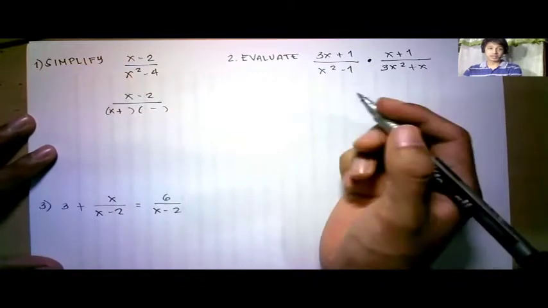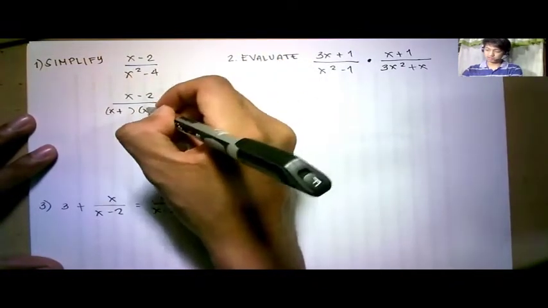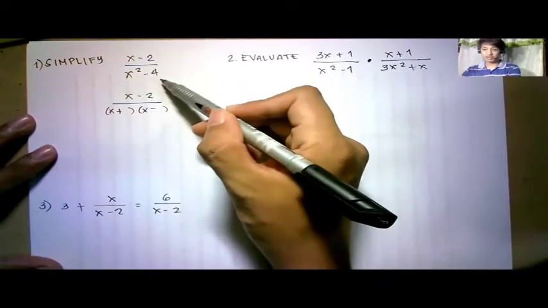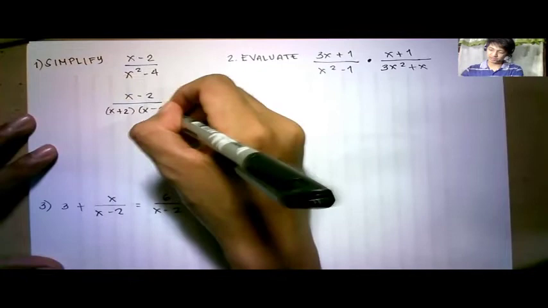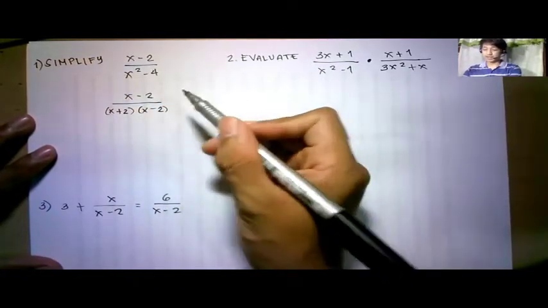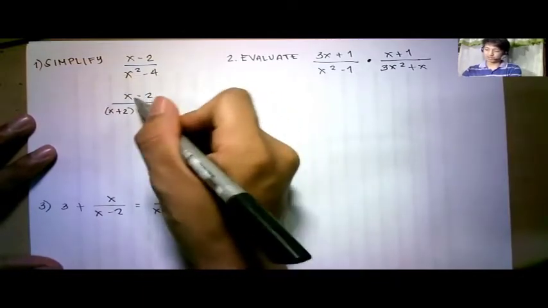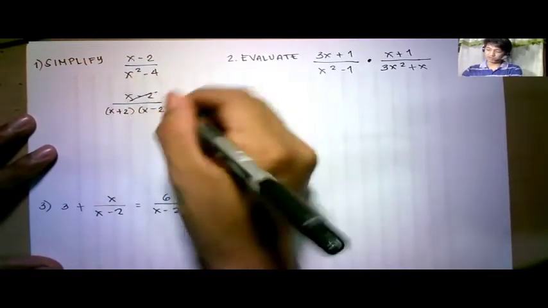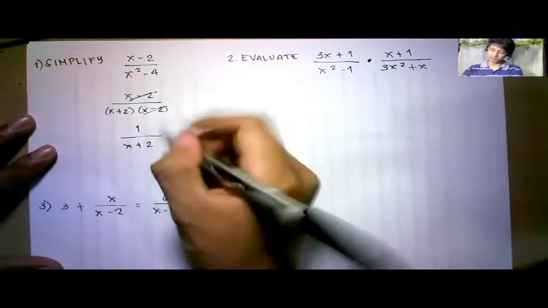The square root of 4 is 2. So we have positive 2 and then negative 2. After that, cancel out common terms. We have x minus 2 and x minus 2 as common terms. That will give you 1 over x plus 2.